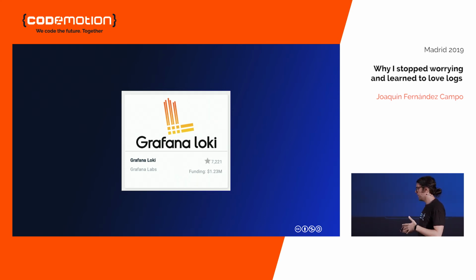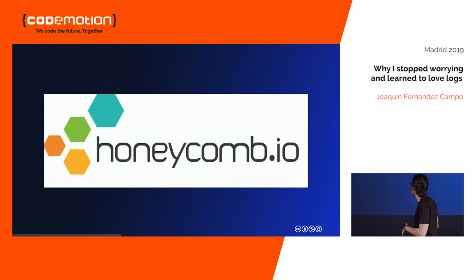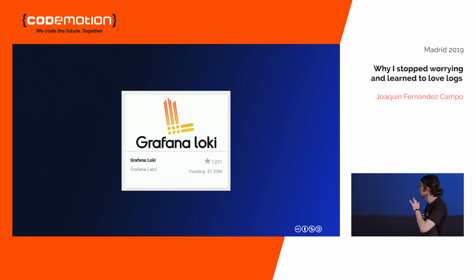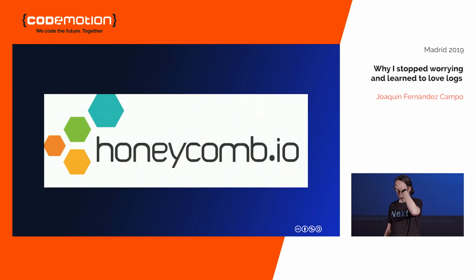So we see that some of these products are evolving to more than just logs. They're not focusing on logs because a log line has fairly limited value. What you really care about is what your system is doing. For that, there's another company called Honeycomb.